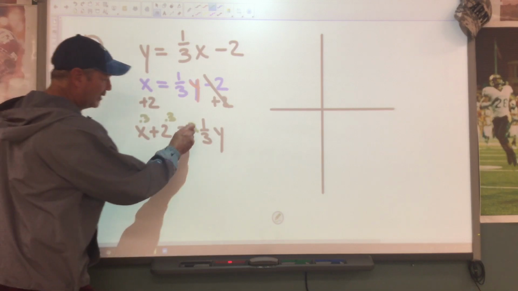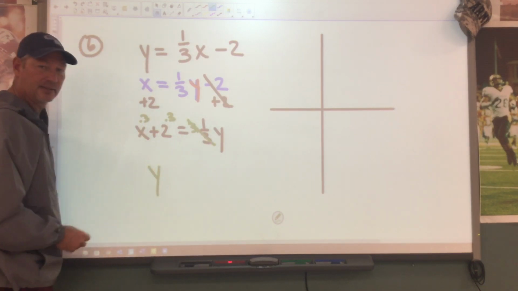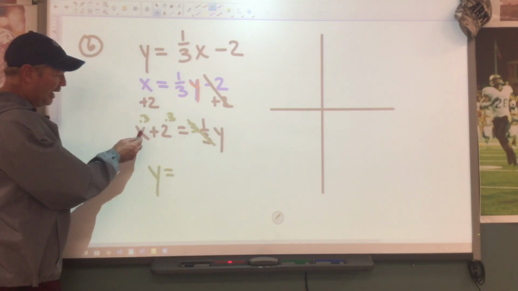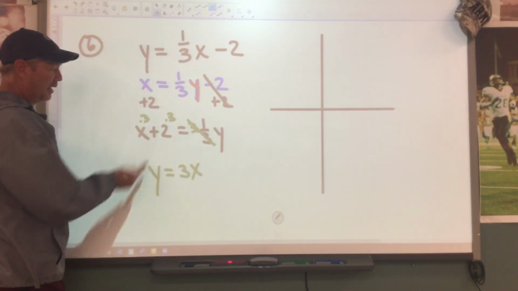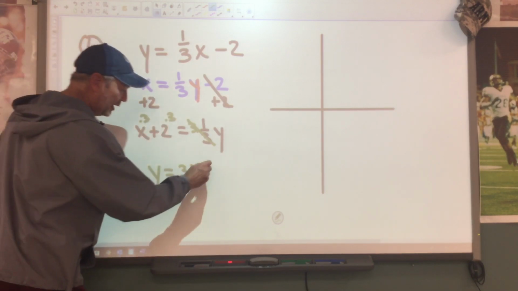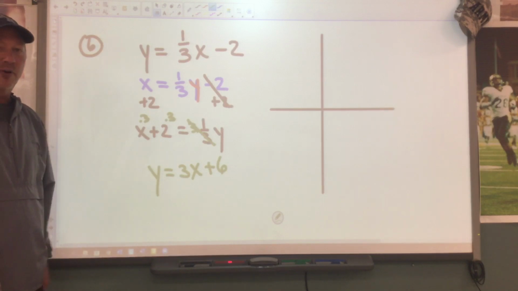The whole point is so this will cancel. That will leave me with my y by itself. X times 3 is going to leave me with the 3x. 2 times 3 is going to equal a positive 6. There is my inverse.